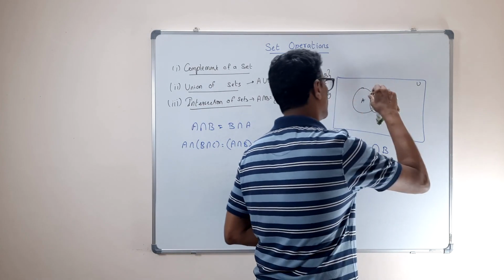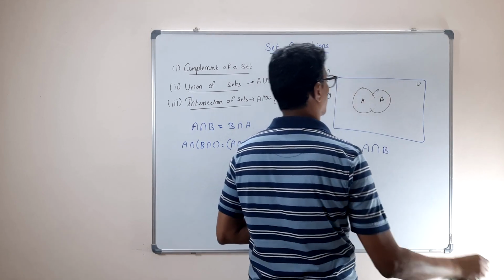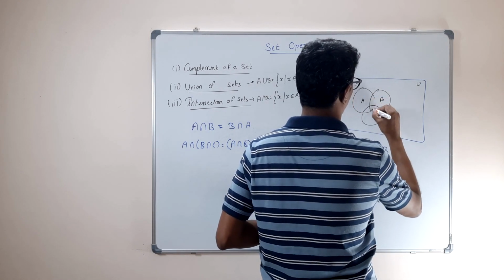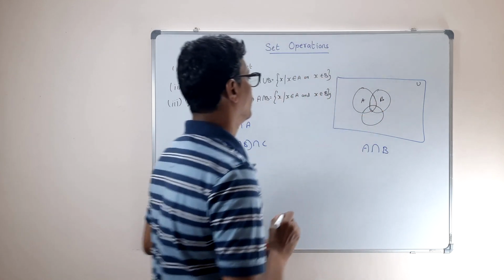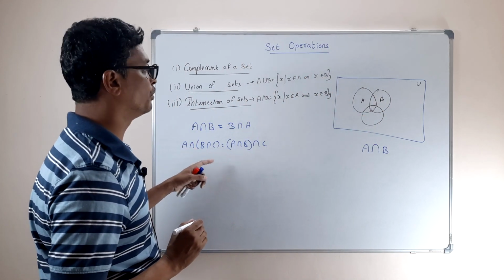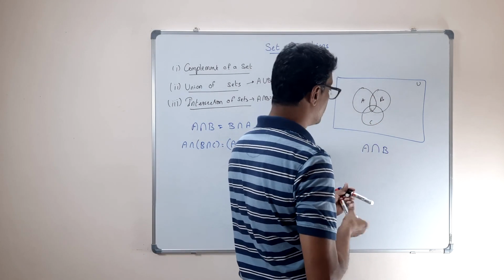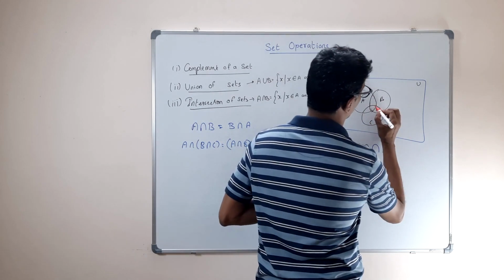Shall we see the associative property here? Let me remove this one. We are going to have another set B. Can you tell me what is B intersection C? This is C. B intersection C is what? This portion.